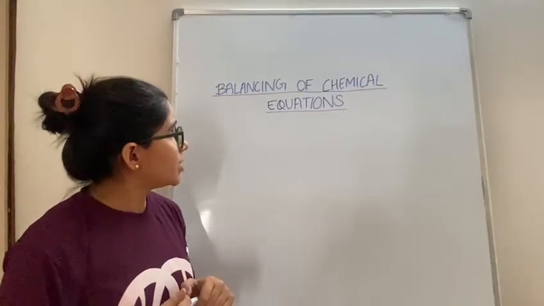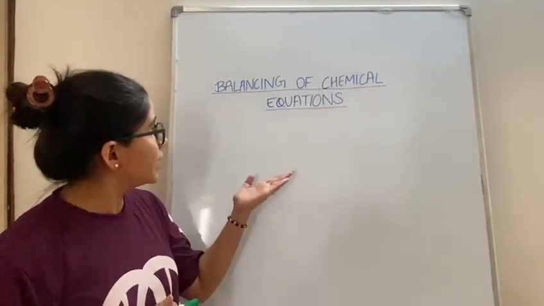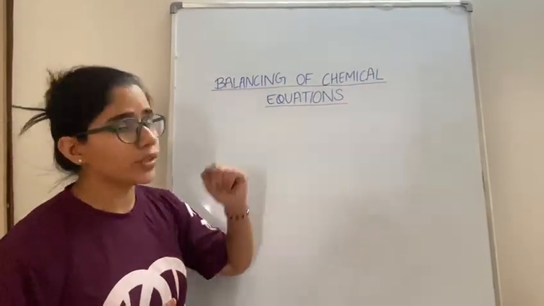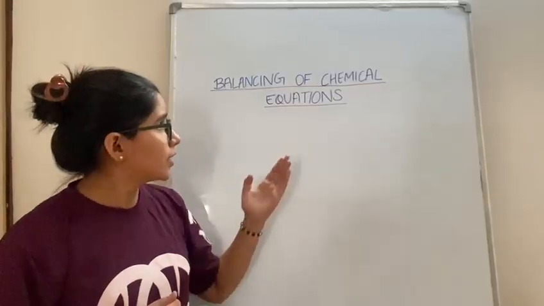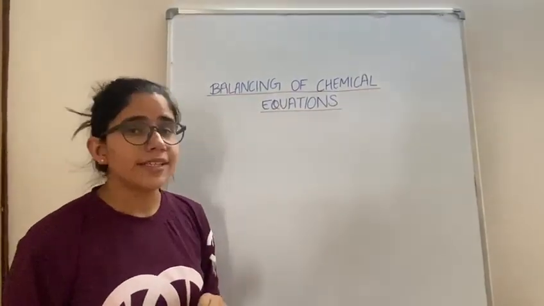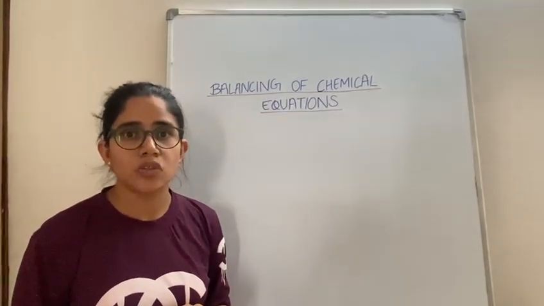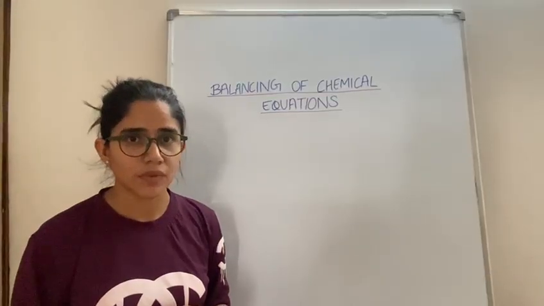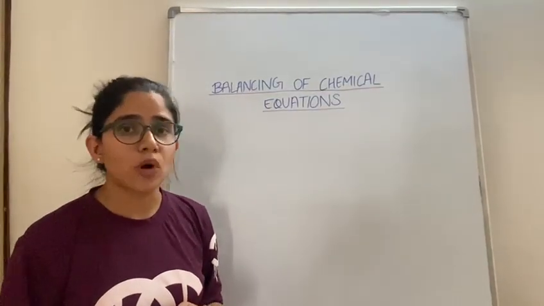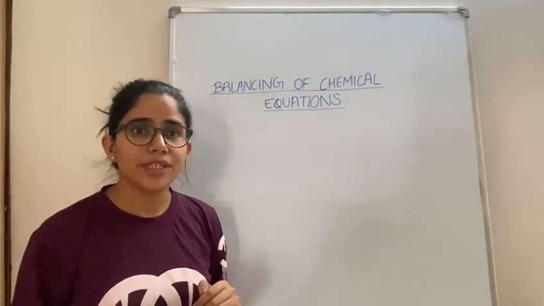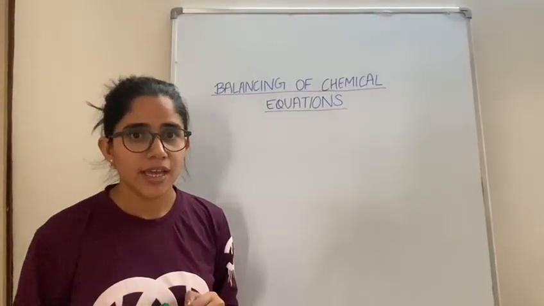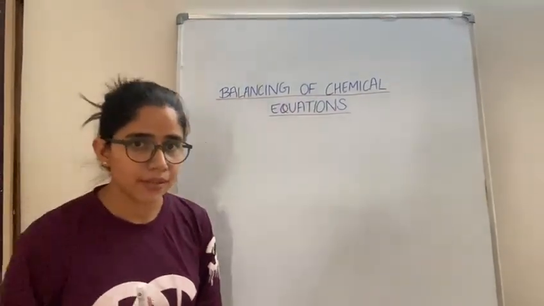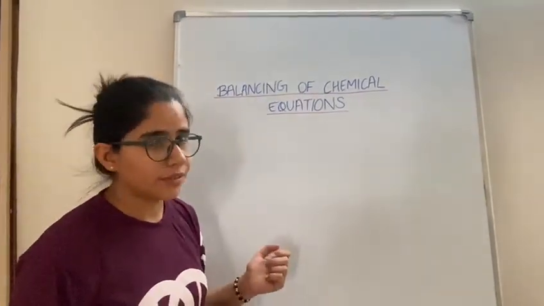So let us proceed by understanding the meaning of the term chemical equation. The chemical equation is the symbolic representation of a chemical reaction in which the reactants and products are denoted by their chemical formulas. If I give a simple example, the formation of water.